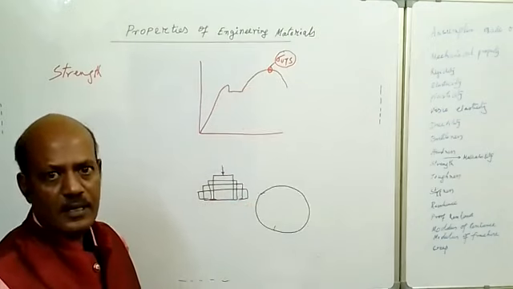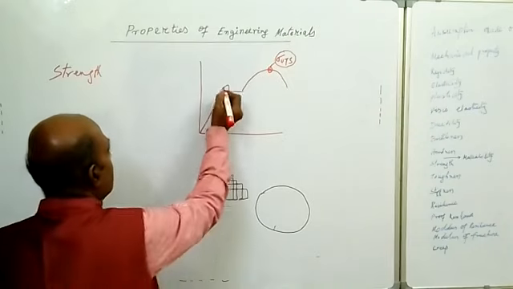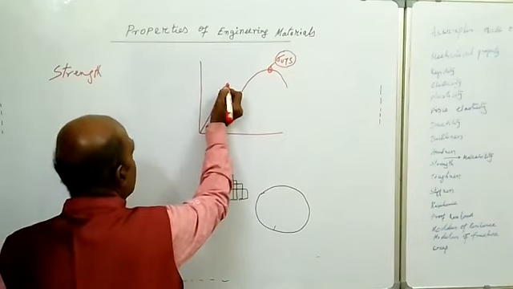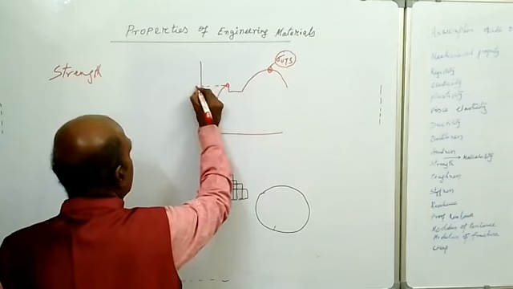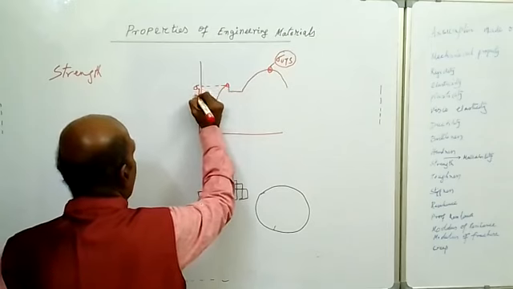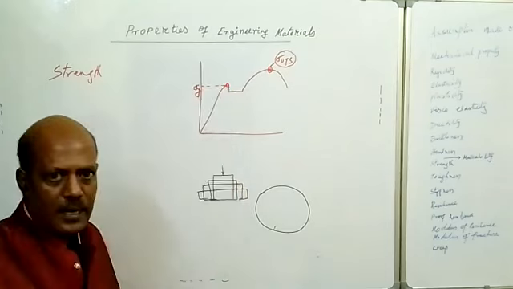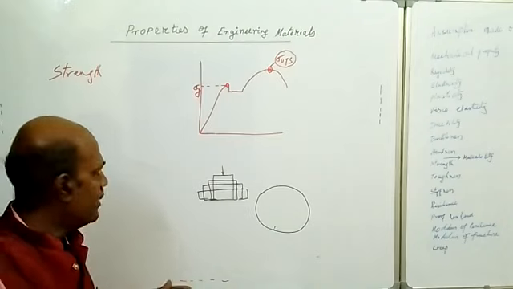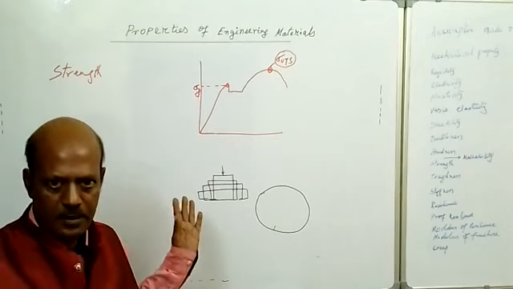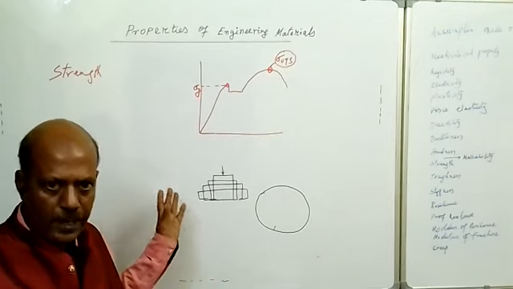But in mechanical engineering, we consider sigma Y, that is the upper yield point stress, as the strength of the body. Why?